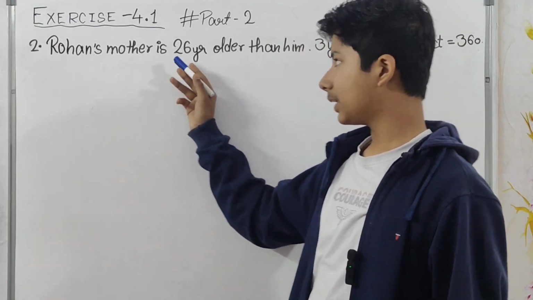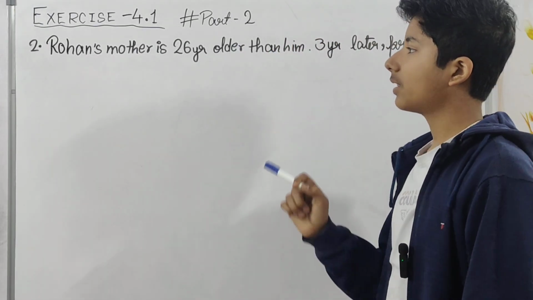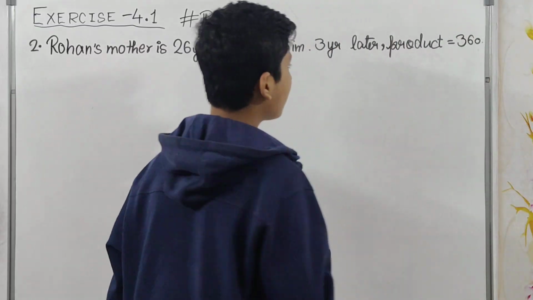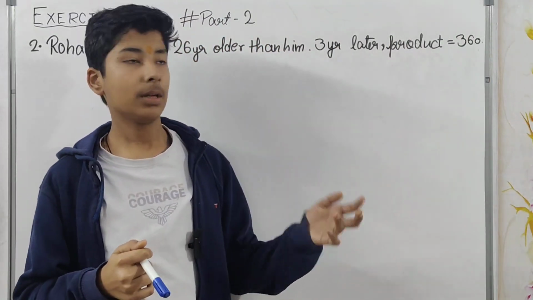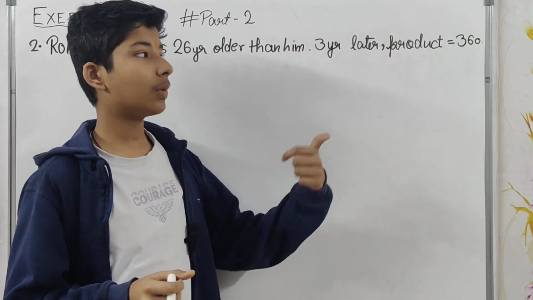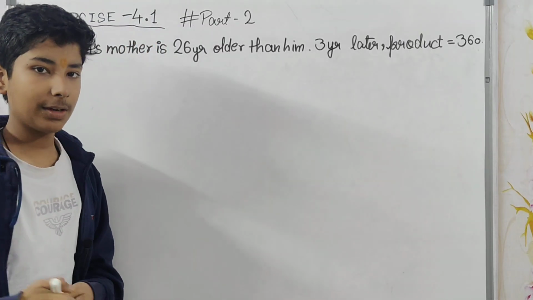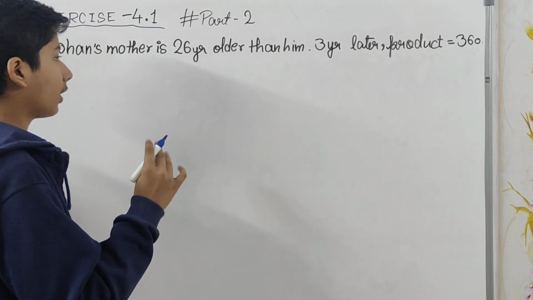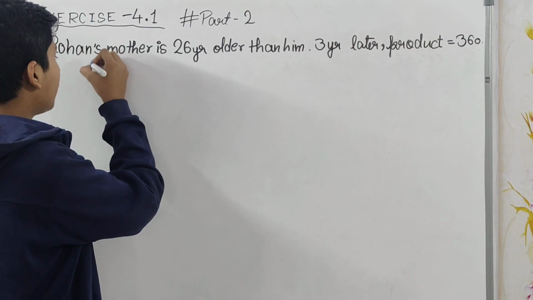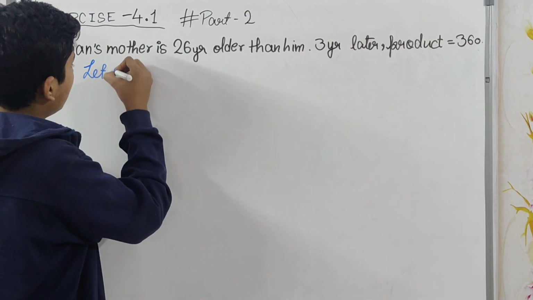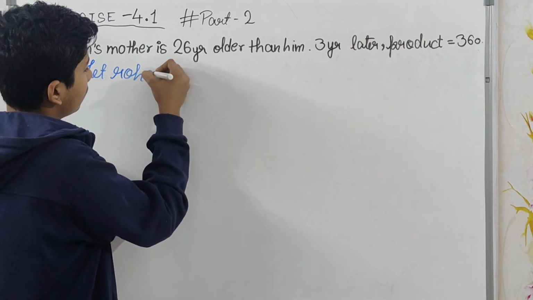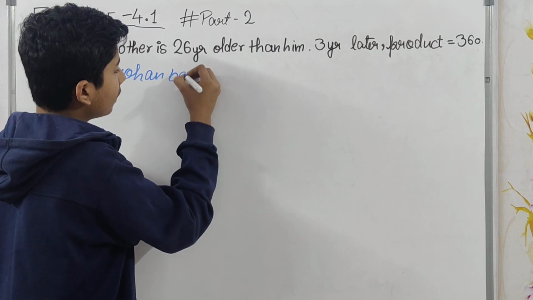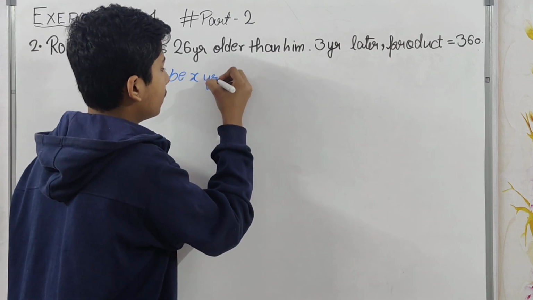Here, Rohan's mother is 26 years older than him, and it is given that after 3 years, the product of their ages will be 360. So we have to write a quadratic equation. So let's solve it. Let Rohan be X years old.